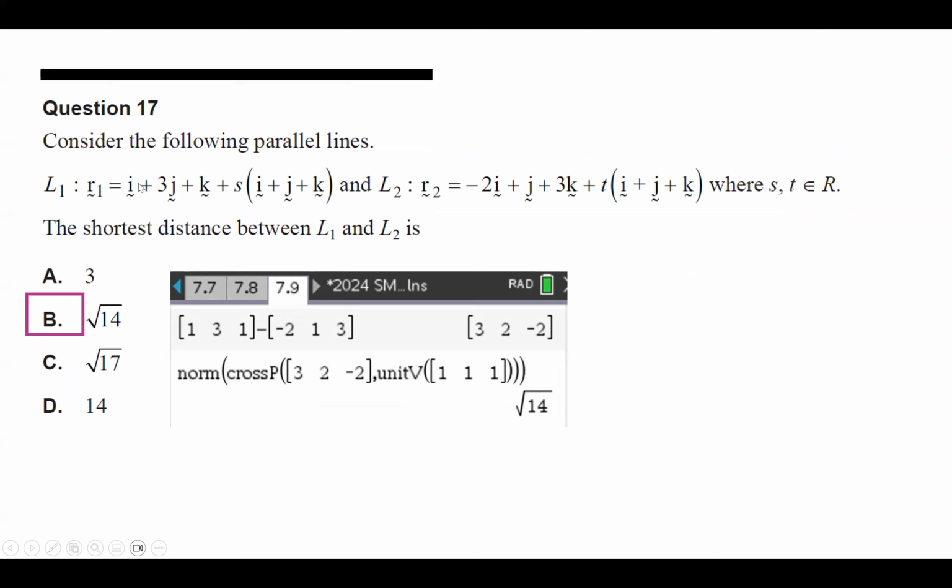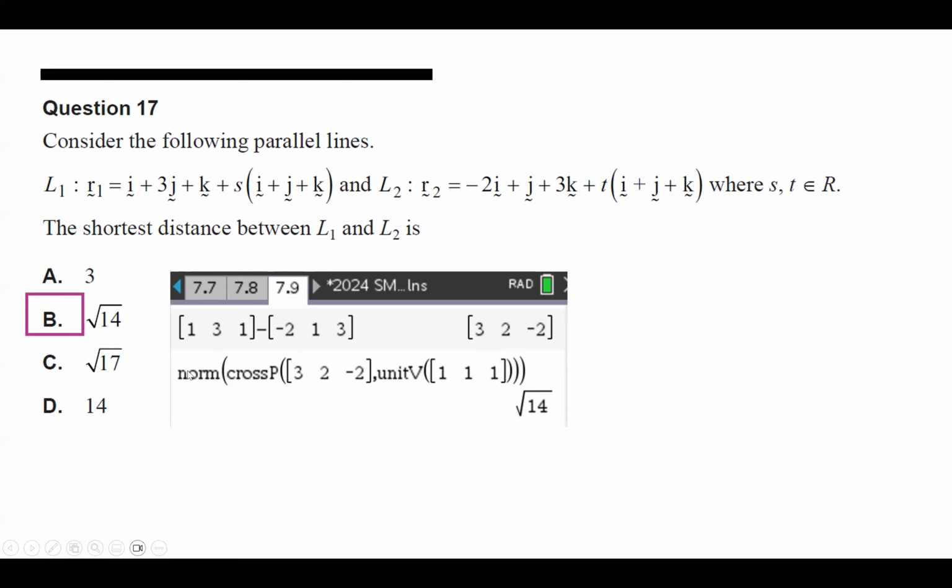In this case, I'm using i, 3j, k to subtract minus 2, 1, 3, and I get a connecting vector 3, 2, minus 2. Because the two lines have the same direction, I take the unit vector of the direction, and then do a cross product between the connecting vector and the unit vector. So this is vector AP cross V hat.